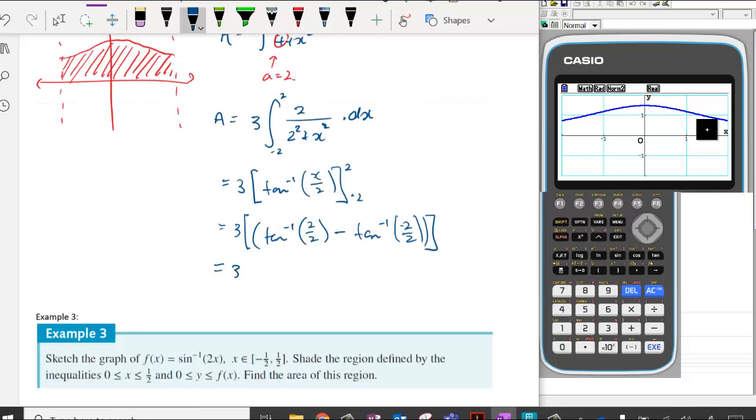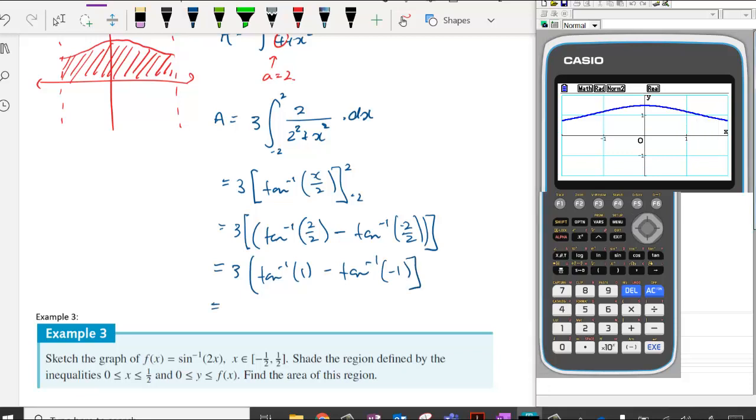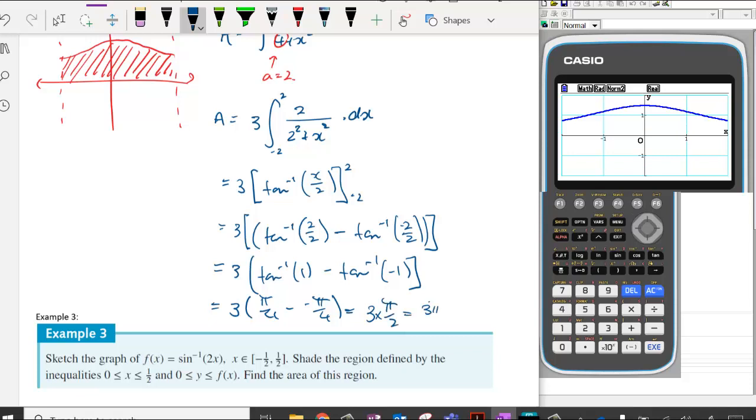So we end up with 3 lots of arctan of 1 and subtract arctan of -1. And so this will work out to be 3 lots of pi on 4, subtract -pi on 4, which is 3 lots of pi on 2, and we get our final answer, 3 pi on 2 units squared.